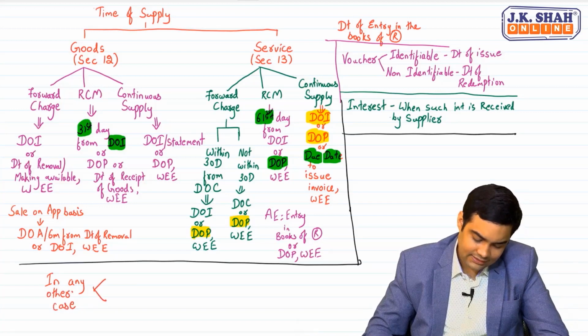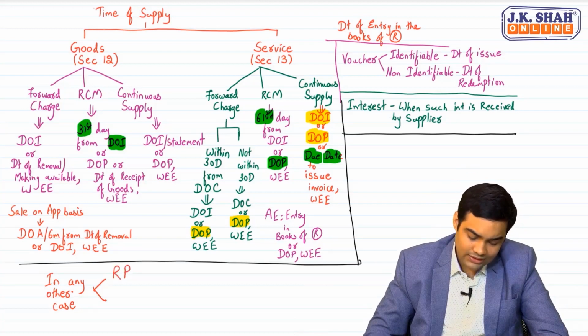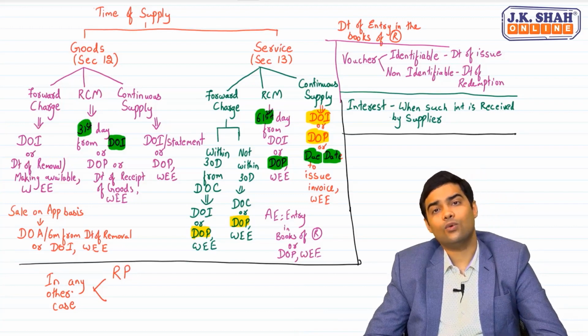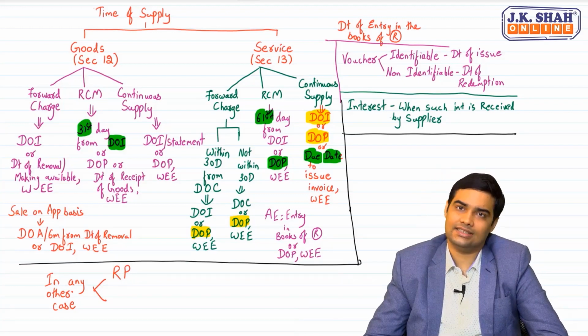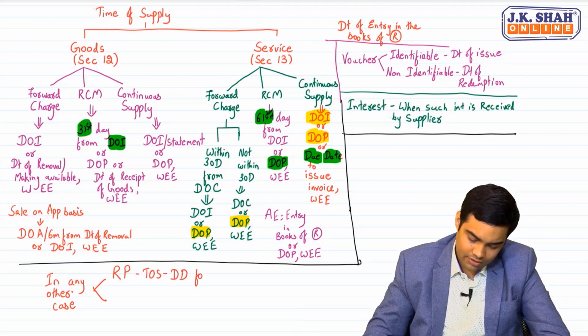Any other case has two parts. First, if it is a person who is required to file GST returns. Who is required to file GST returns? A registered person. Then the time of supply will be the due date for filing GST returns.